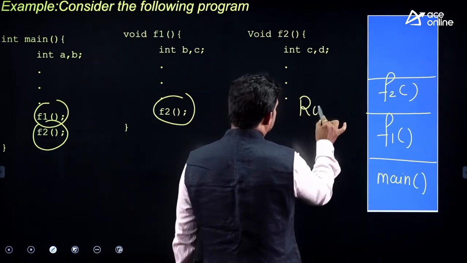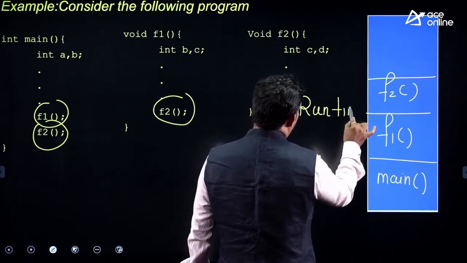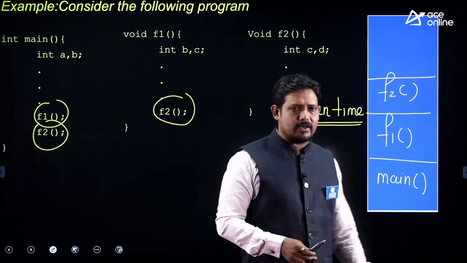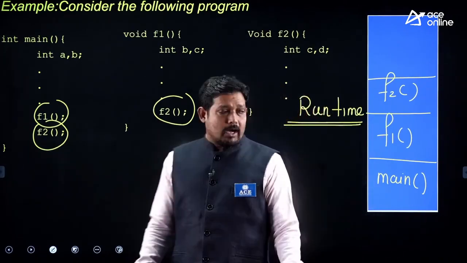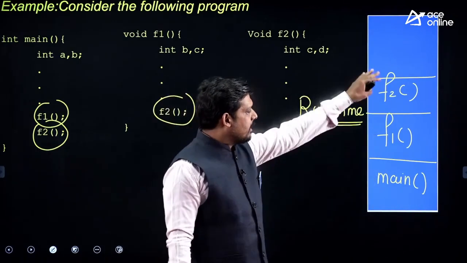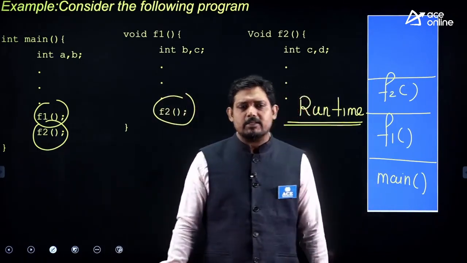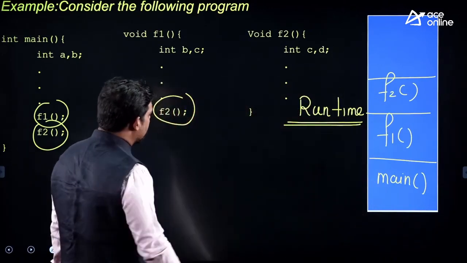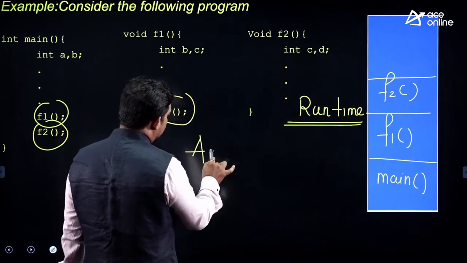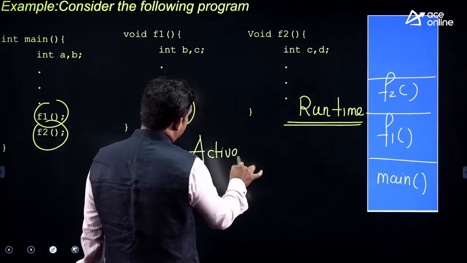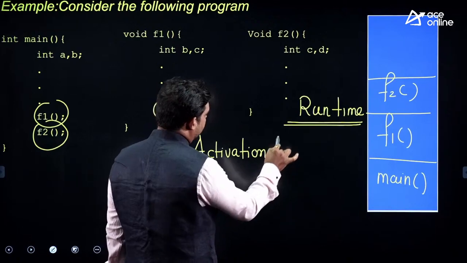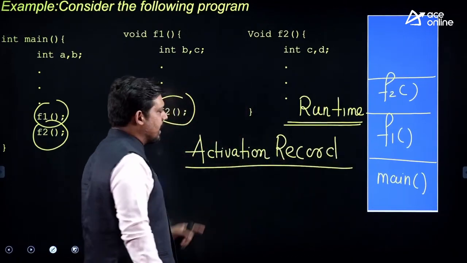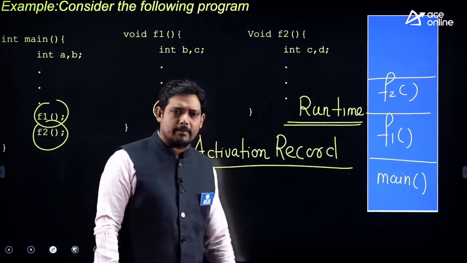So there is a runtime stack responsible for the switching of function calls, that is, the nested function calls. Now what I am putting in the runtime stack, main, f1 and f2, is not really the function but a record structure, and that record structure is called the activation record. So we maintain a record for each of main, f1 and f2.